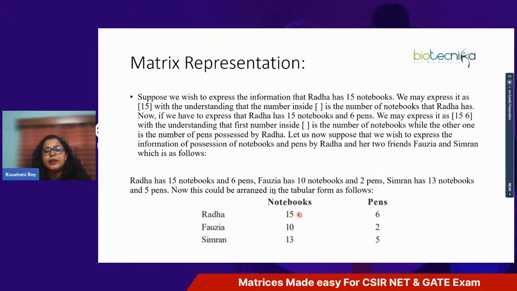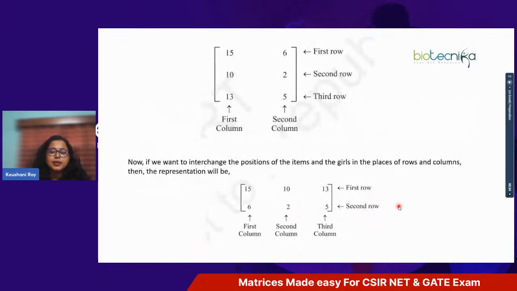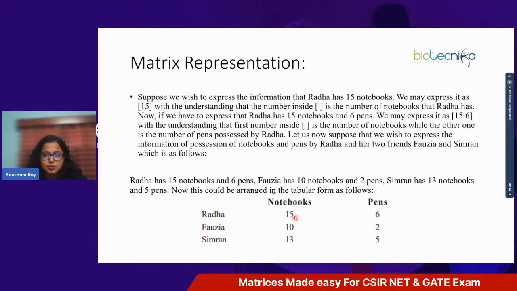So we write 15 at the row of Radha and the column of notebooks. That is how a matrix is formed. Now you can ask whether we can write notebooks and pens here and the names Radha, Fauzia, Simran over here. Yes, you absolutely can. So this is the representation that we did here.